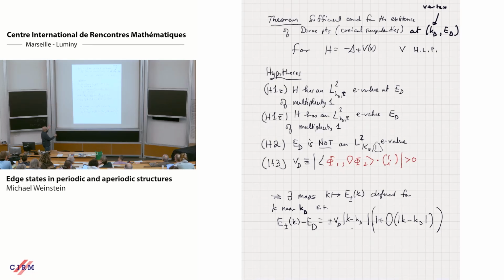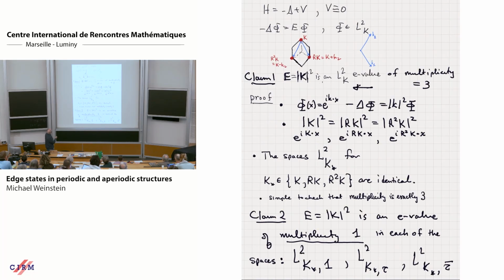Furthermore, this number, which is called the Dirac or Fermi velocity, should be non-zero. Here φ₁ and φ₂ are the corresponding eigenmodes of the L²_{K,τ} and L²_{K,τ̄} eigenvectors respectively. Under these conditions, you can prove this local dispersion picture plus information about the eigenstates.